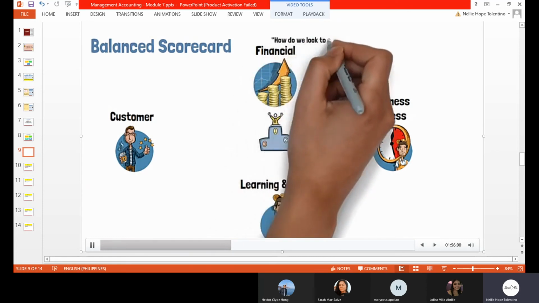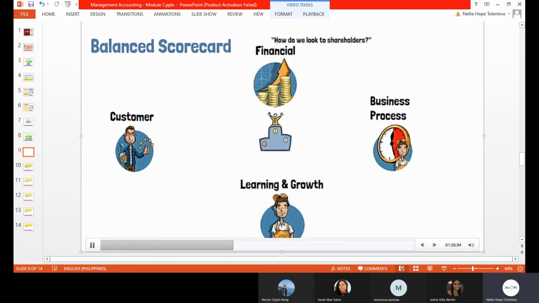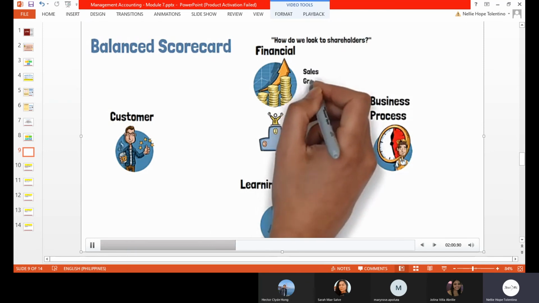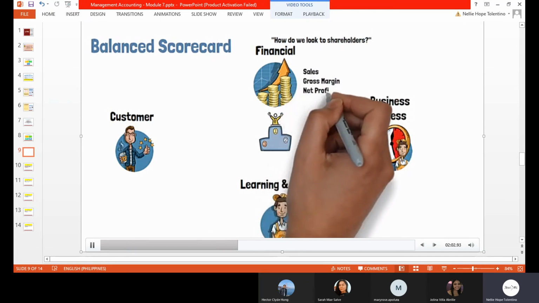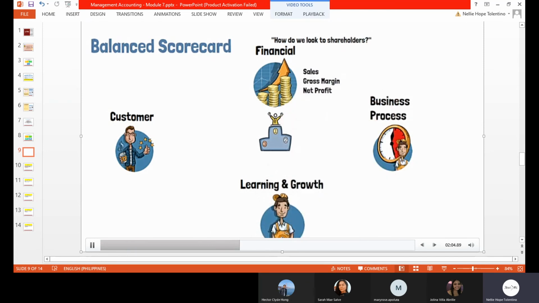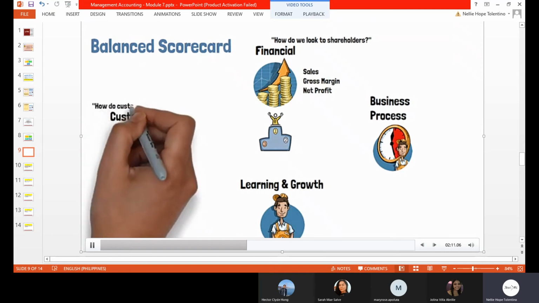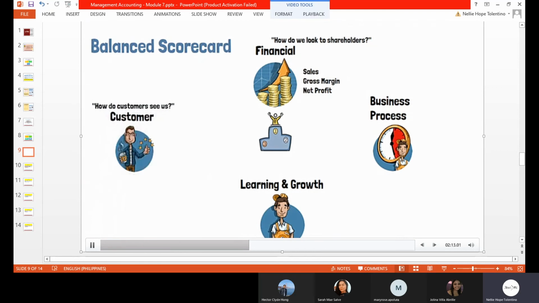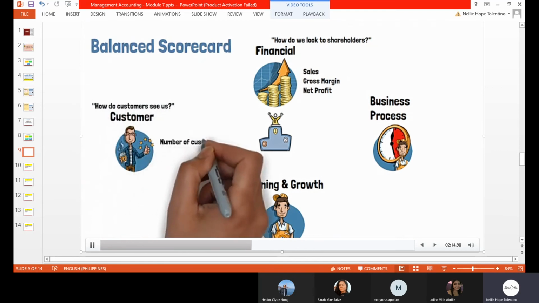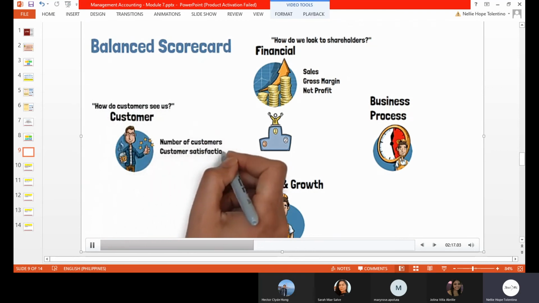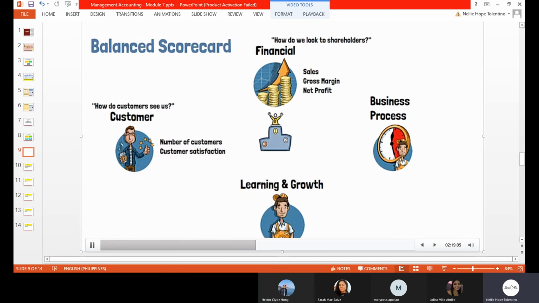The financial measures reflect what the company's shareholders ultimately care about, including things like sales, gross margin, and net profit. However, your coffee shop can only have financial success if it has lots of happy and loyal customers. So in the customer dimension, you can measure how many each month and how satisfied they are with your coffee.